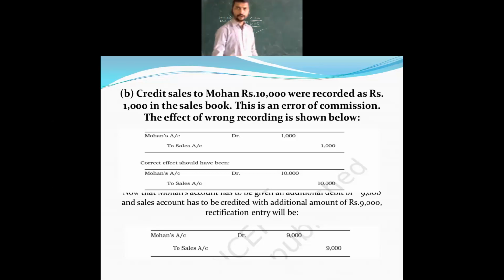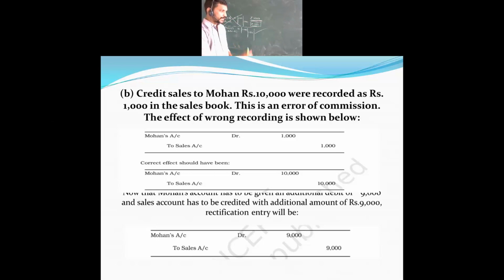Got it? How is it affecting? Here above you have a wrong entry and downward you can see the correct entry. Now when these things have happened, what are you going to do? In the image you are not seeing the whole picture. You need to correct it.